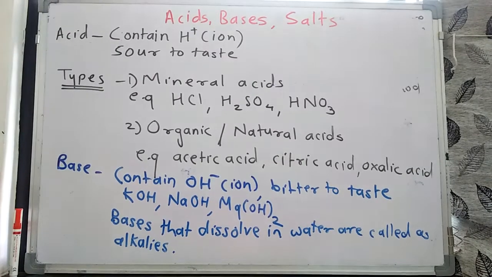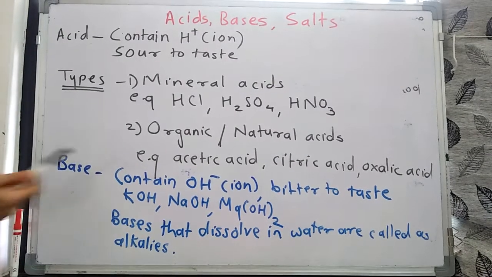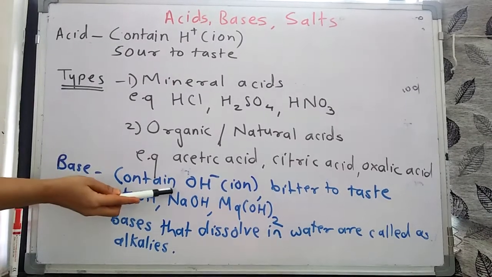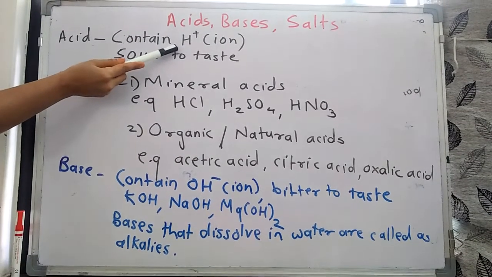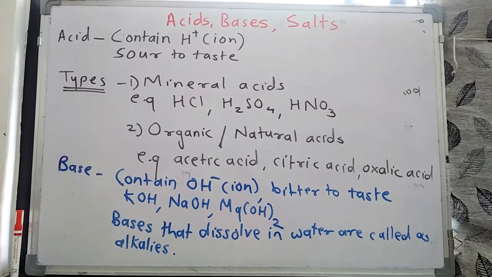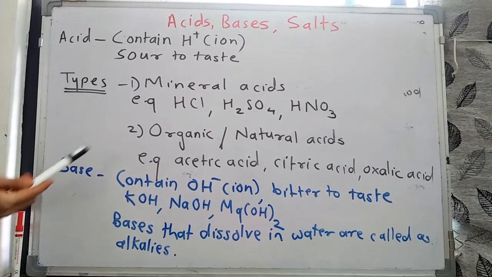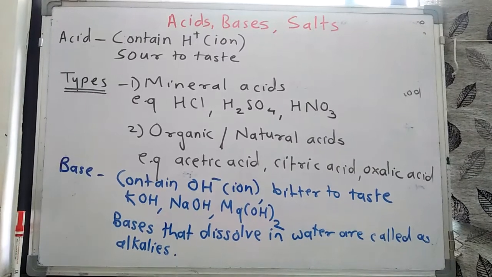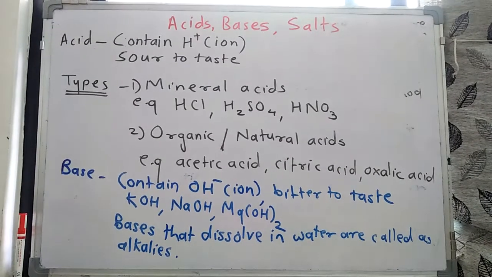Now base, what is a base? A base is a substance which contains OH- ions. The ion H+ is called the hydrogen ion, and this ion, OH-, is called the hydroxide ion. Generally, bases are bitter to taste and soapy to touch.